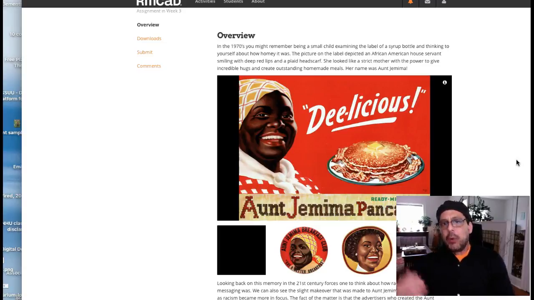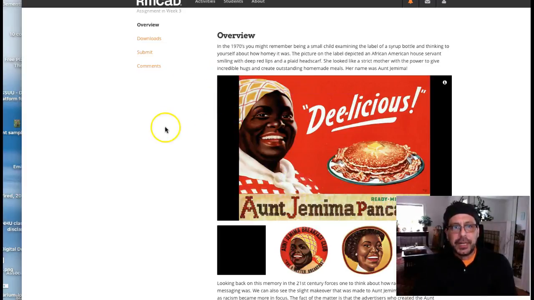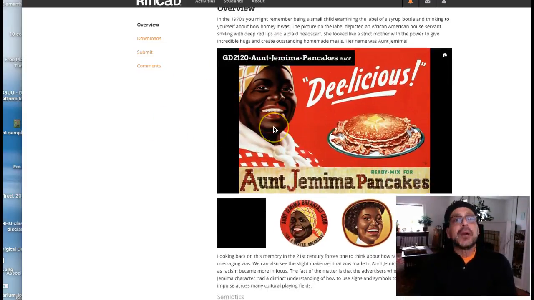And how does it do that? This image of this southern black woman with the do-rag, as we call it today, over her head, the big plaid skirt and a plaid do-rag at the top of her head, the very, very dark skin, the very red lips and white eyes, all signify slavery.